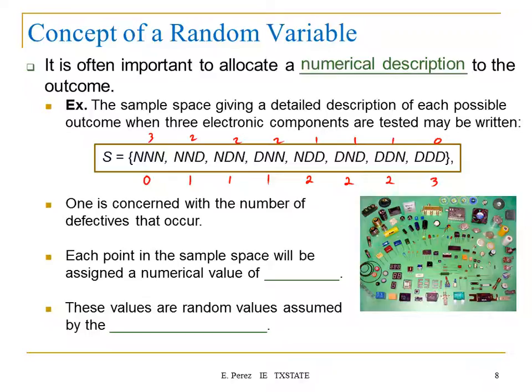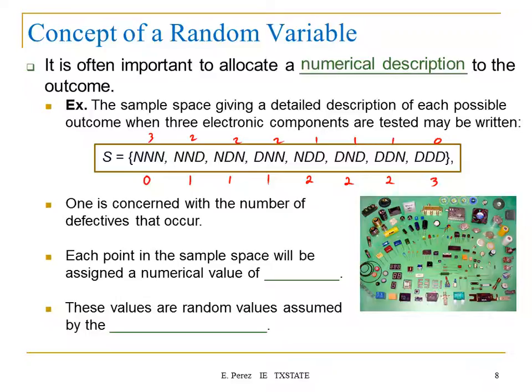You can provide a number depending on the number of defectives that you find in each outcome. I'm looking at this row under the sample space. Here you have 0, no defective. Here you have 1 defective, 2 defectives, 1 defective, 2 defectives, and so on. You can also define another random variable by looking at the number of non-defectives, which is going to be the opposite. So instead of 0, you have 3, 2, 2, 1, 1, 1, and 0.